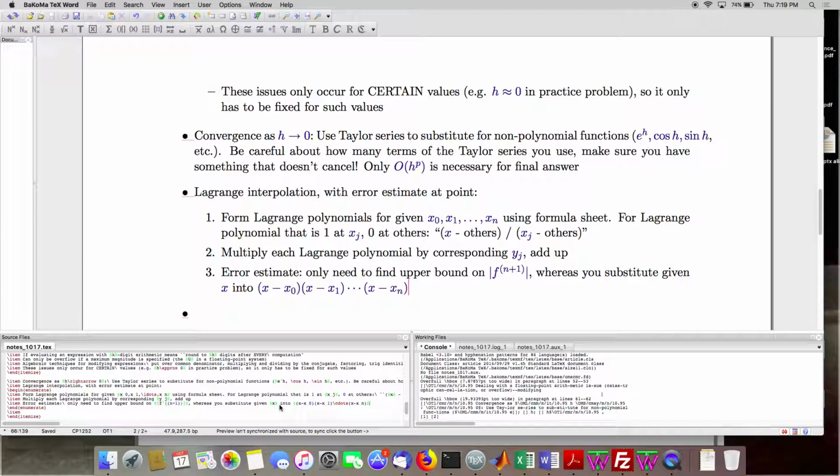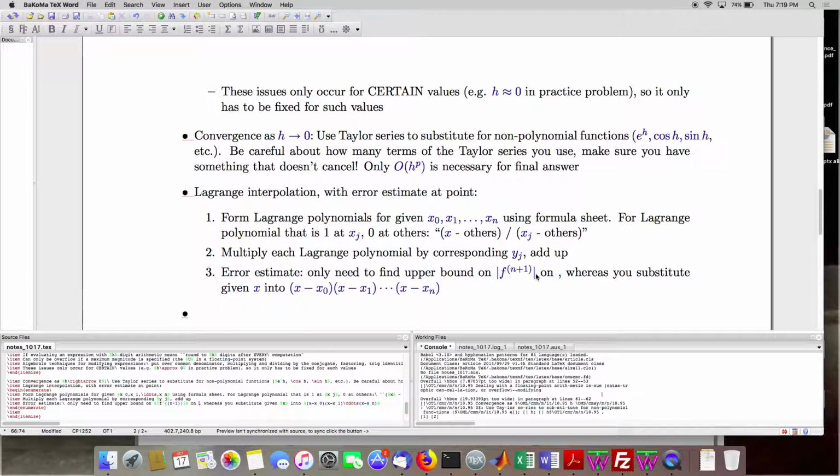I should mention that when you're bounding the derivative, as in problem one, where I specify you bound it on some interval, that's true here too. You find a bound on the interval that contains the interpolation points. So for purposes of checking endpoints, that's what you would use.